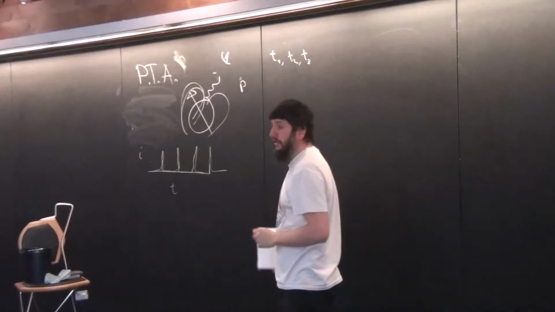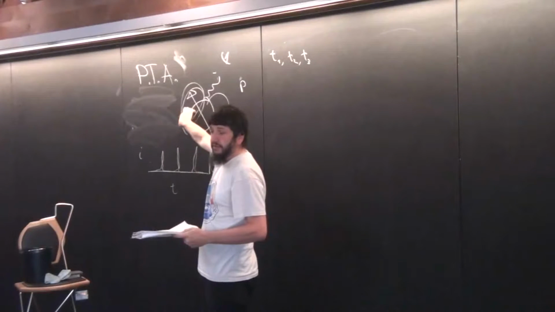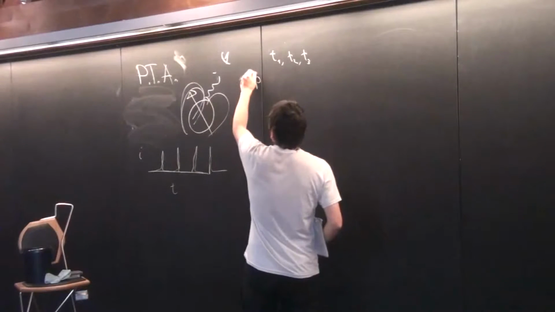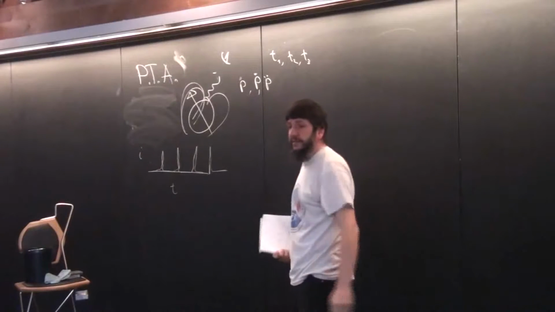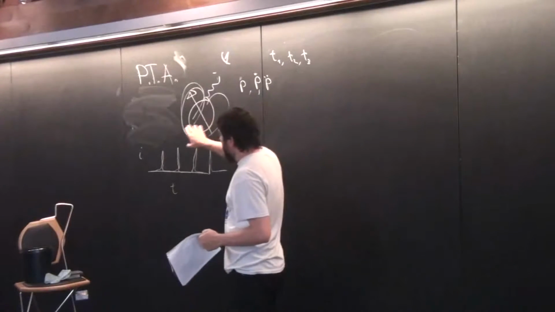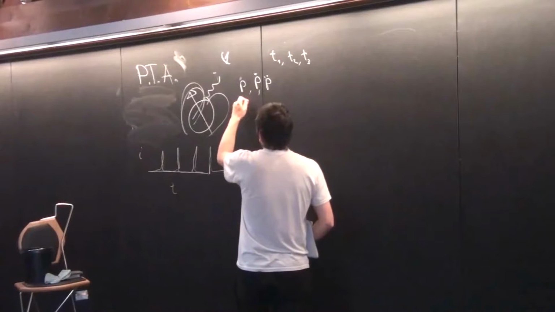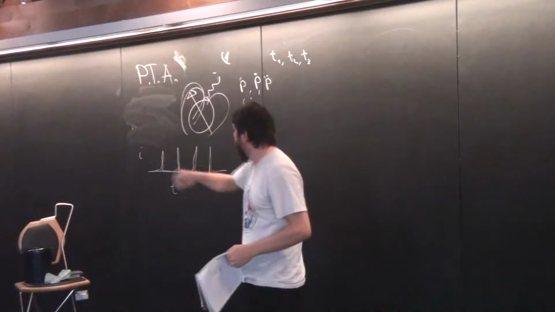The period of rotation. Then, because it has a big magnetic field, it's probably slowing down because of magnetic braking. Okay? So you have a P-dot. Right? And you have actually a P-double dot. Okay? Then your pulsar is somewhere in the sky. So you have right ascension and declination, the position of the pulsar in the sky.